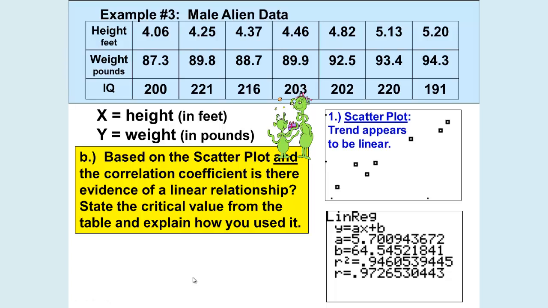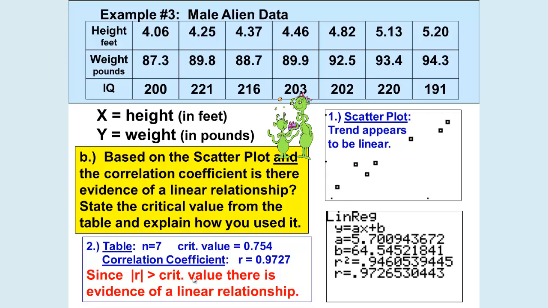First, the scatter plot trend appears to be linear. Second, with n equaling 7 paired data, our critical value is 0.754, and our correlation coefficient is r equals 0.9727. Since the absolute value of r is greater than our critical value, there is evidence of a linear relationship.